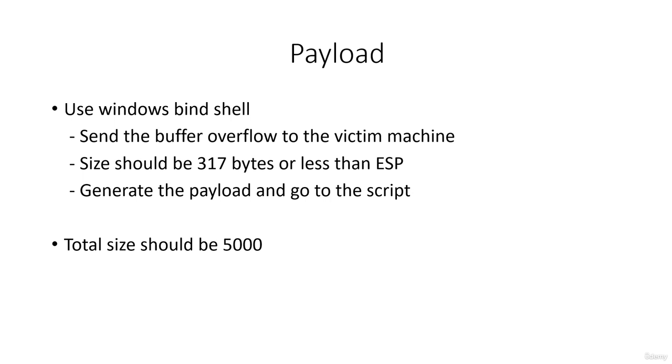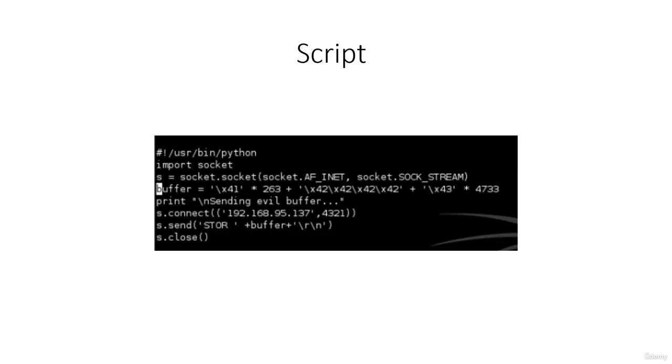We have to remove the A's, B's and C's, then we are going to write or use the exploit. So the first thing you should do is put the payload on the ESP.